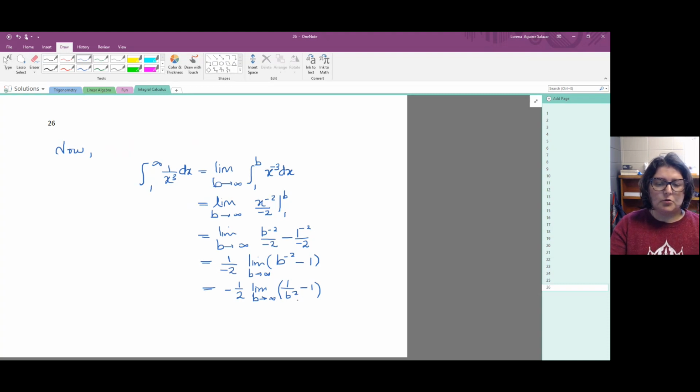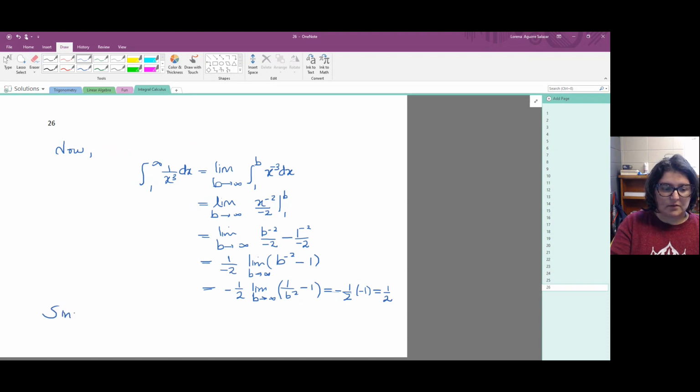And when b is huge, 1 over b squared is really small, because b squared is huge and we're dividing a fixed number by something that is getting increasingly large. So here we have negative 1/2 multiplied by negative 1, or same thing, 1/2.